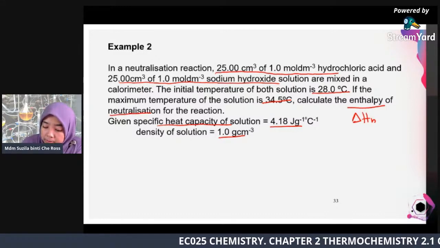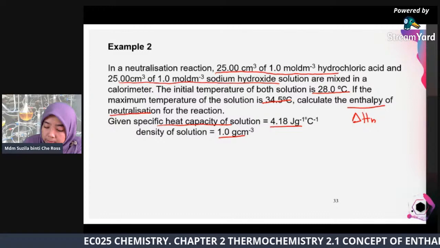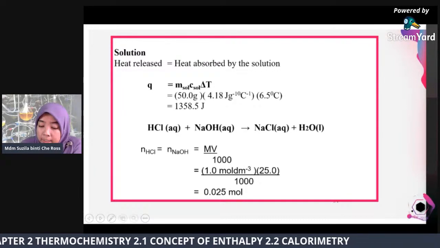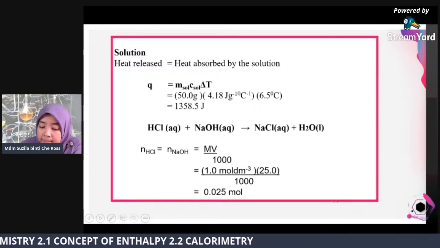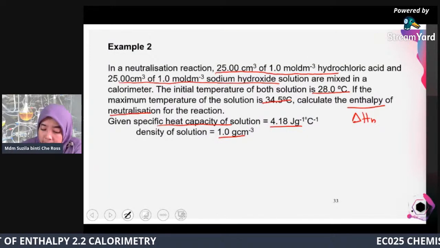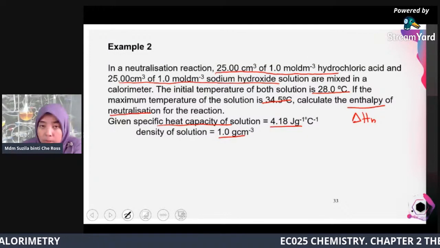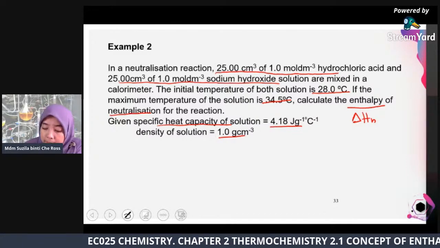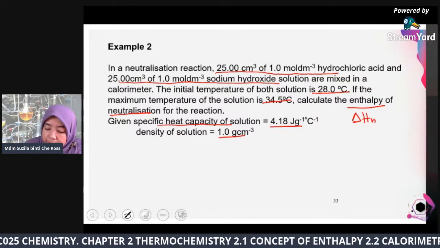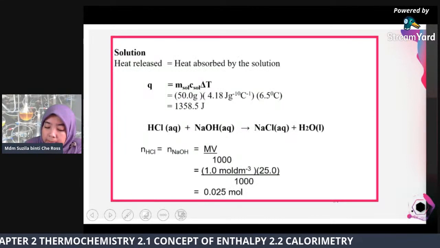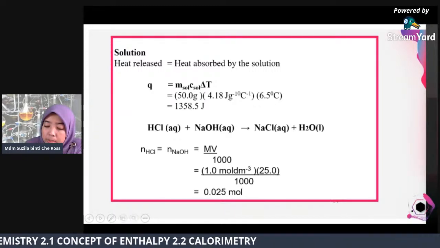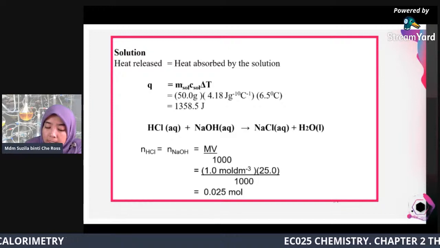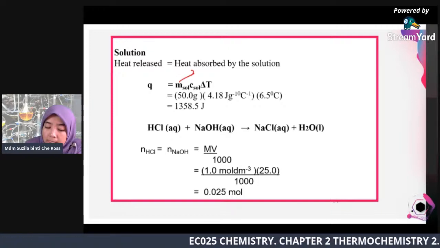So what we need to do, okay, we need to find the Q first. Q released by the reaction. So in this case, the surrounding involves only the solution. Why solution? Okay, because in the question we just only have info for the solution, no calorimeter or no others lah. So here we can use the formula Q equal to mass of solution, C solution and delta T. Mass of solution means here acid plus base.